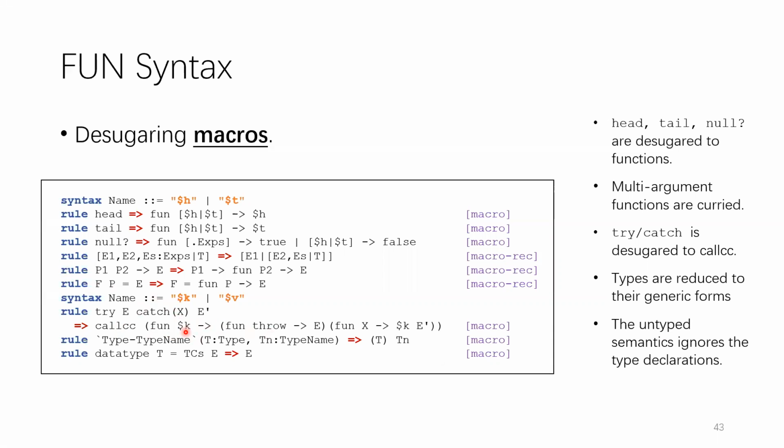What happens next is that we evaluate the body. We'll apply this function to this function. What does it mean? By beta reduction, we'll evaluate E, but we'll replace the token throw by the function found X arrow $k E prime. And here we have two cases.